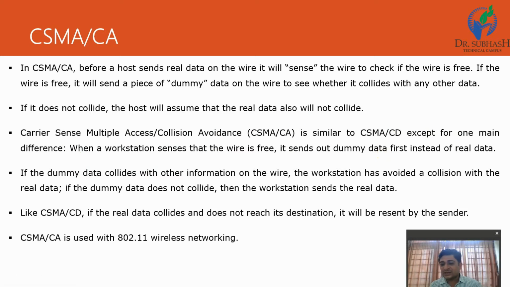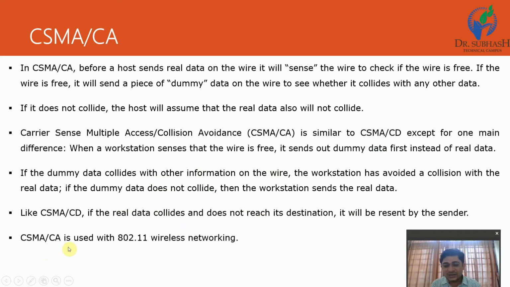While in CSMA/CD, it proceeds with our actual data. In CSMA/CA, it will never transmit in the first attempt, it will transmit the dummy data. If the dummy data collides with other information on a wire, then it will wait for the transmission medium to be free, and after that it will resend the dummy data. If the real data collides and does not reach the destination, it will be resent by the sender.